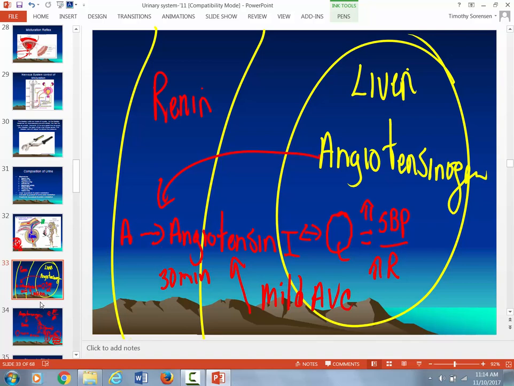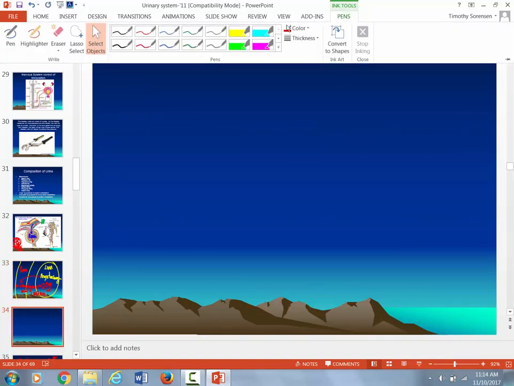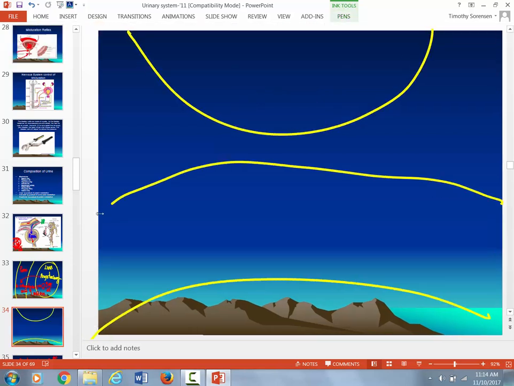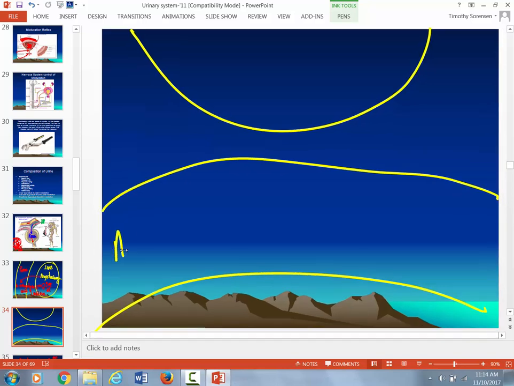Angiotensin 1 is then going to circulate in the blood, and it will circulate into the pulmonary circulation. You got me? So now you've got angiotensin 1.